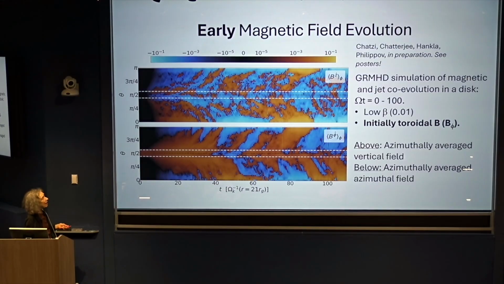Time is measured in units of inverse Keplerian time. This is the toroidal magnetic field. This is the poloidal magnetic field. This is the original disk plane, and here in polar coordinates is essentially the latitude. And these are the two polarities of the initial field.